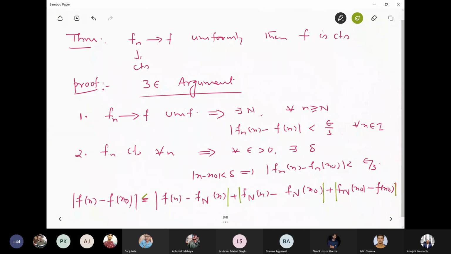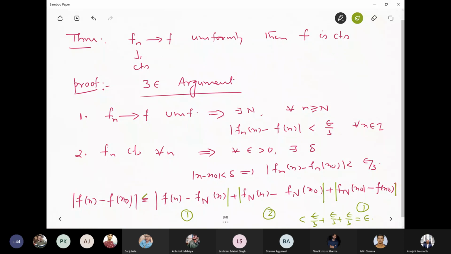Now you see f(x) minus fn(x) is less than epsilon by 3 by 1, and fn(x) minus fn(x0) is less than epsilon by 3 by 2, and fn(x0) minus f(x0) is again, at the point x0, just use 1. Therefore, everything is less than epsilon by 3 plus epsilon by 3 plus epsilon by 3, which is epsilon.